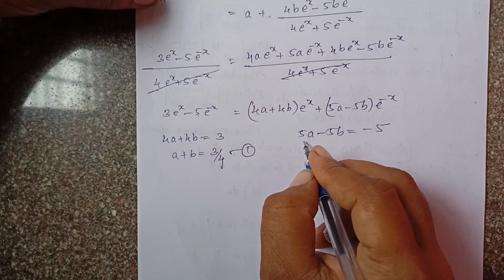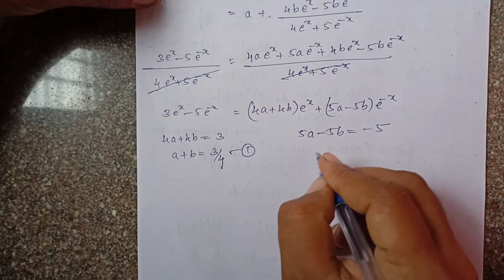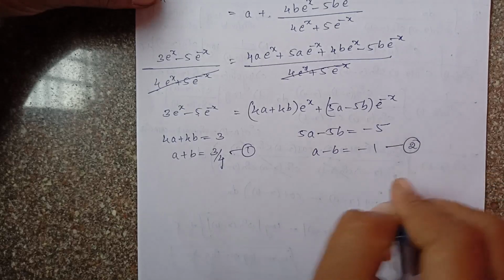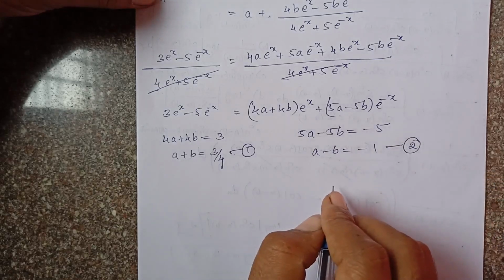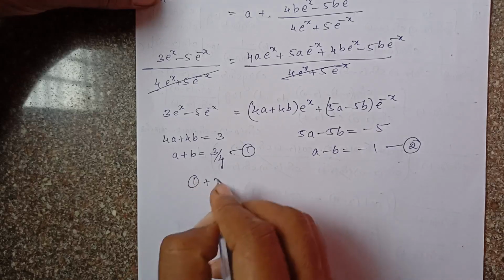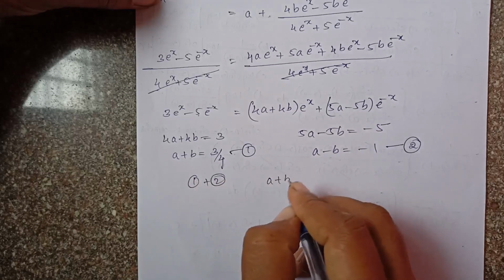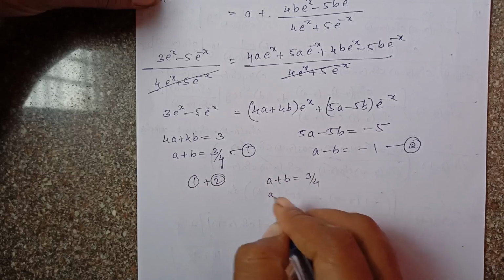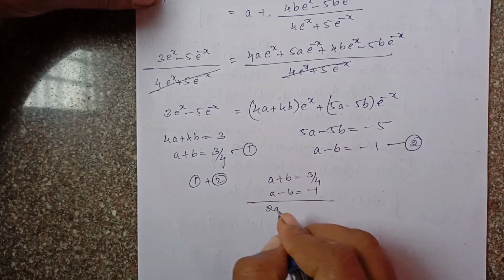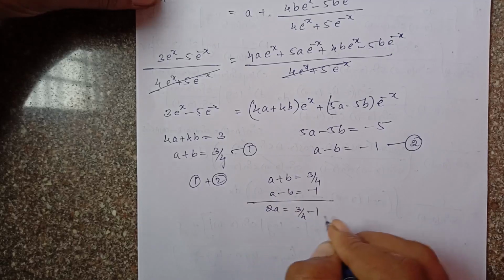You take 5 common here and it cancels out. a - b = -1. Let me take this as equation 2. I need to find out the values of a and b. Here is plus b, here is minus b. What you do? Take equation 1 plus 2. a + b = 3/4, a - b = -1. b gets cancelled out.